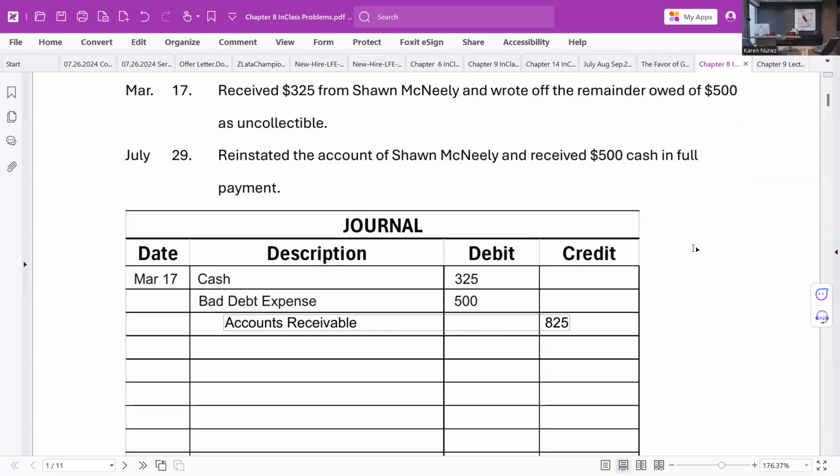But then they receive better information. Now July 29th rolls around and they're actually able to collect some of the cash. So we're going to reinstate and show the collection of cash.